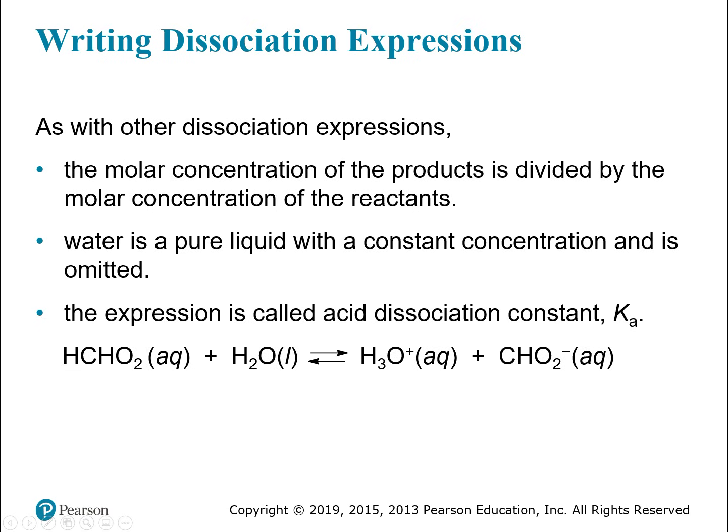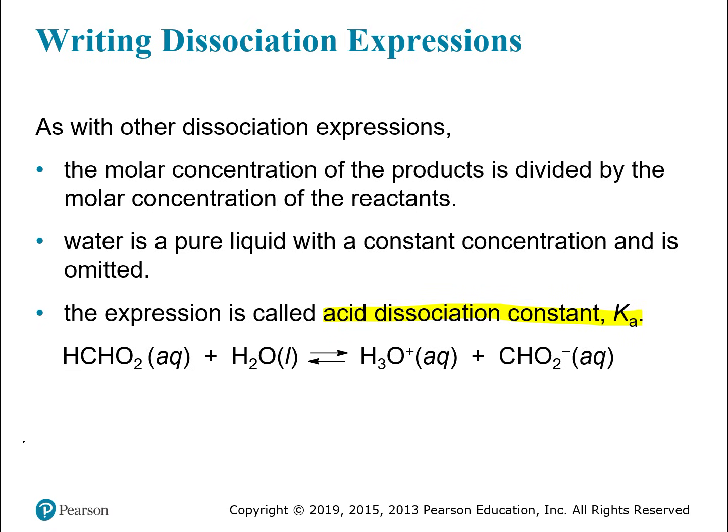What that means is when we're writing our dissociation expressions, we're not going to include water. We omit that from our expression. When we're writing a dissociation expression for an acid, it's called an acid dissociation constant. And we use Ka for that.